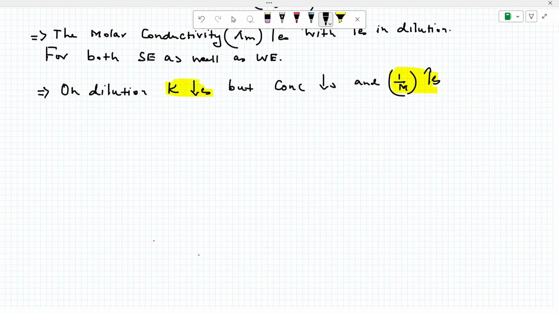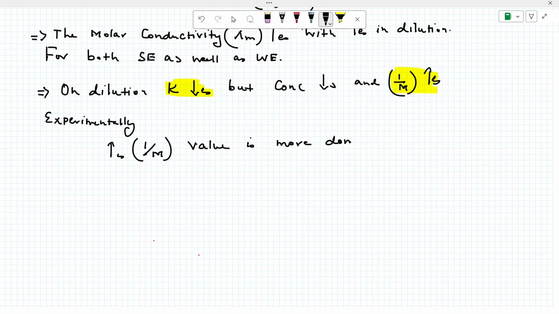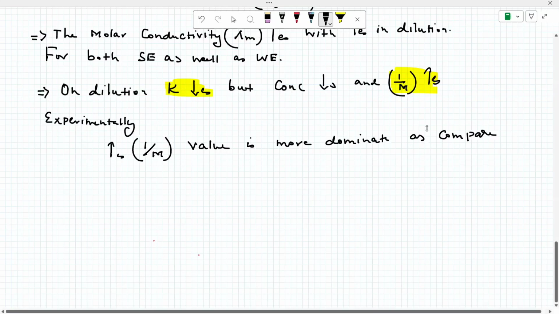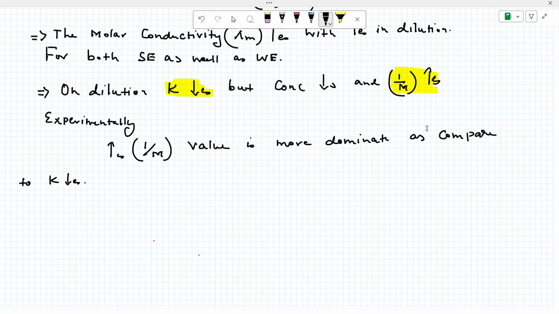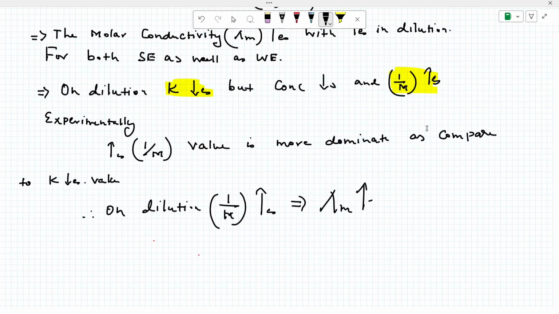Now, experimentally, the increasing 1 by m value is more dominant as compared to the decreasing K value. You got the point. Therefore, on dilution, the 1 by m increases, and finally the lambda m also increases. Very important, please note. You got the point?